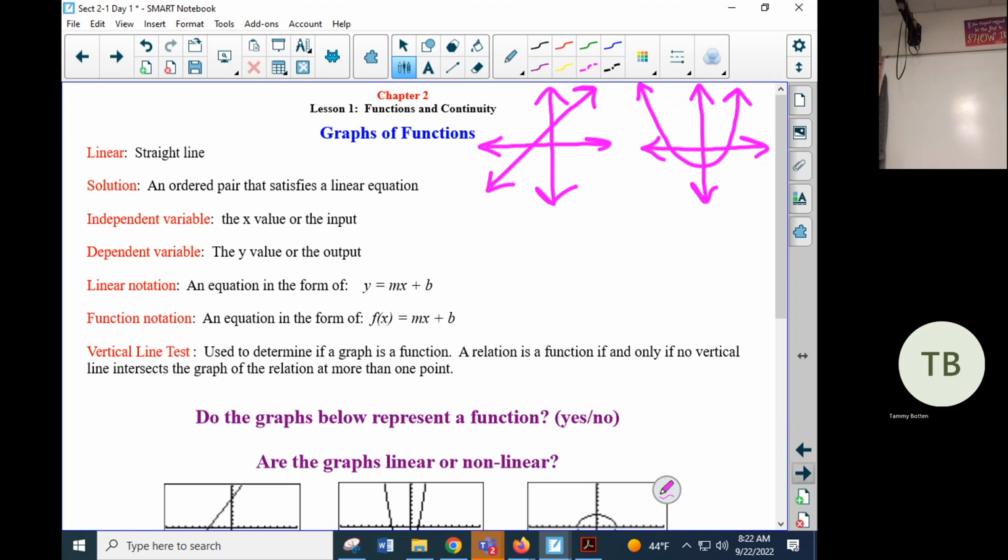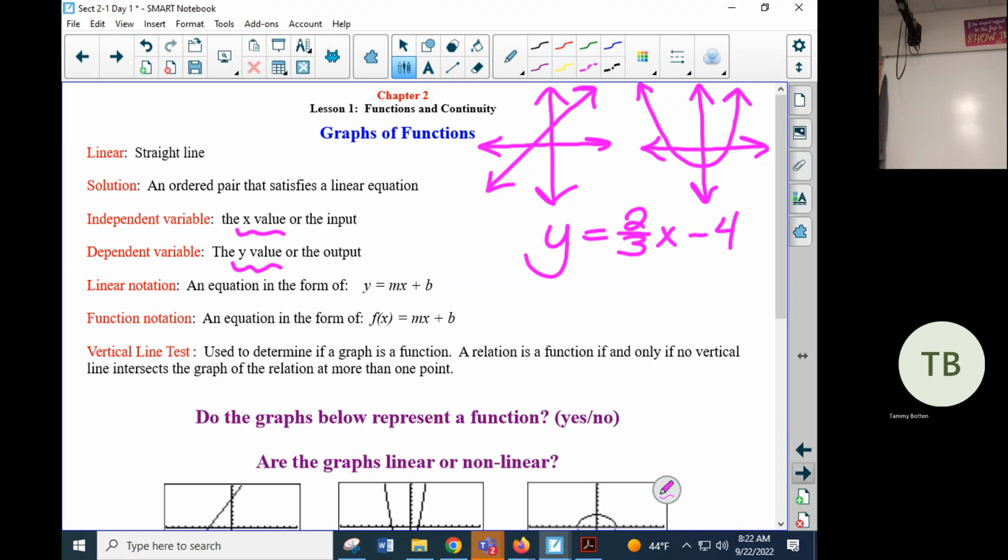Okay, so independent versus dependent, just so you've heard these words, your independent value is always your x, your dependent is always your y. We will see things today that are like y equals 2/3 x minus 4, okay? That is what's called the linear notation.